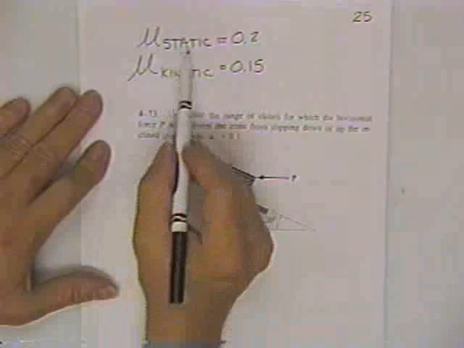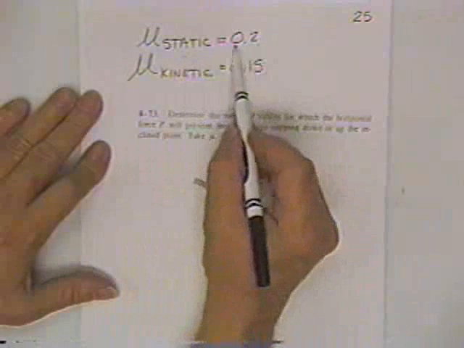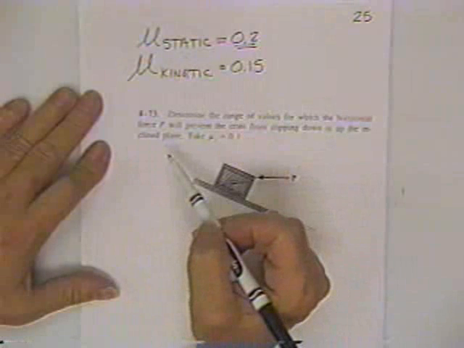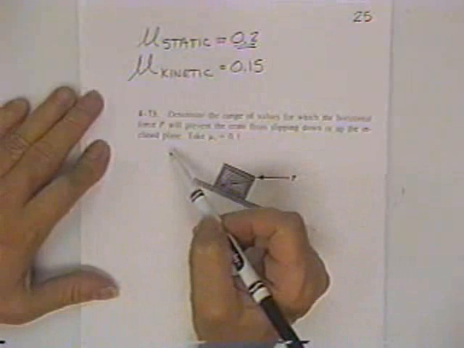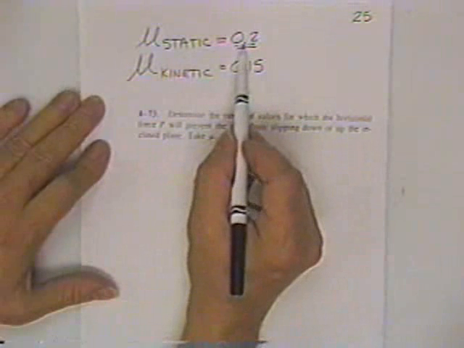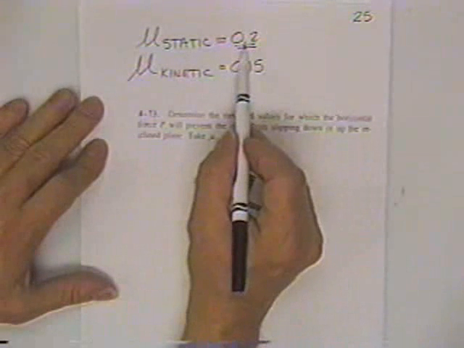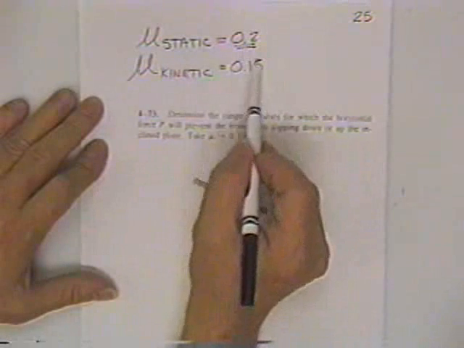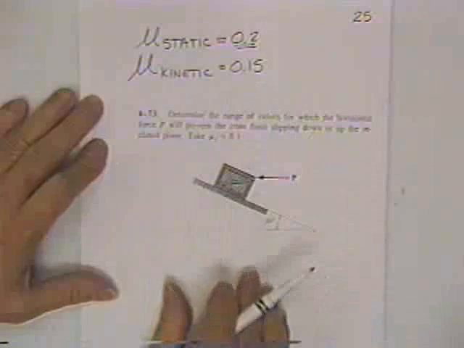So if somebody asks how hard will it be to break the box loose, that's the number you're looking for. If he asks, will the box break loose, see how much force it takes to break it loose, and if you have more than that, then the answer is yes, the box is going to move.